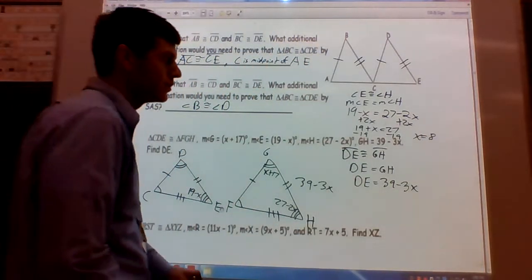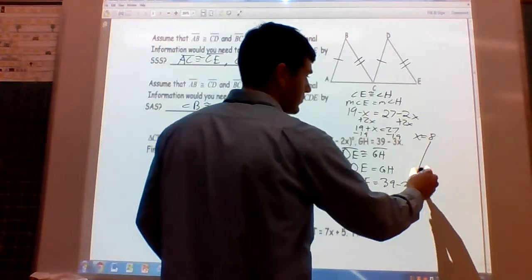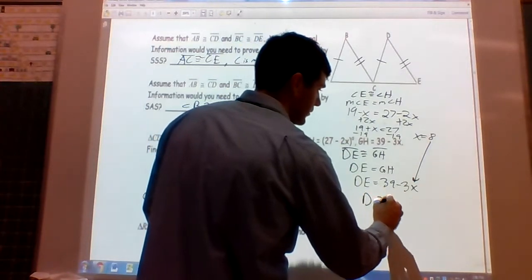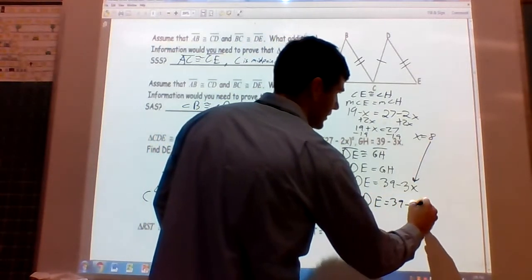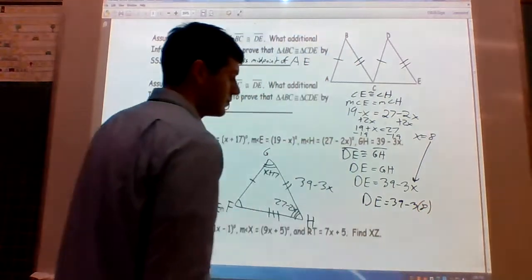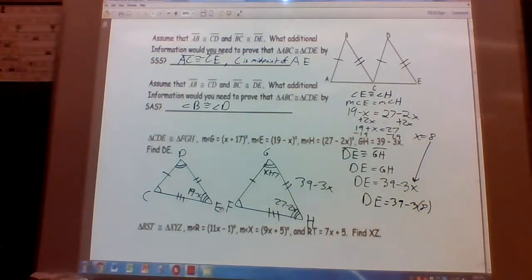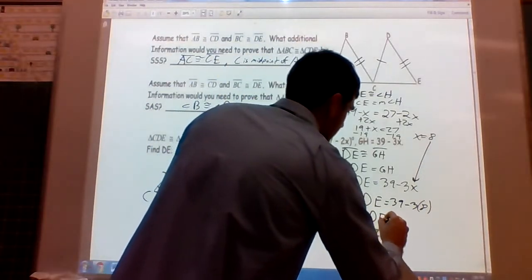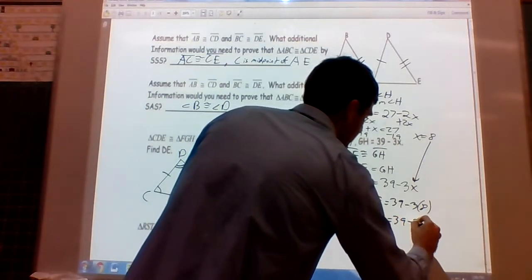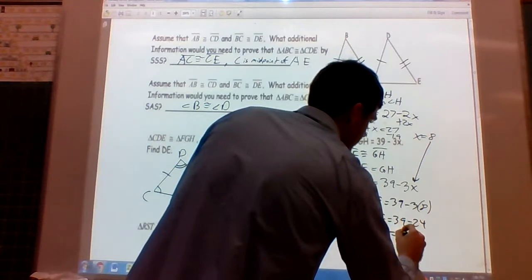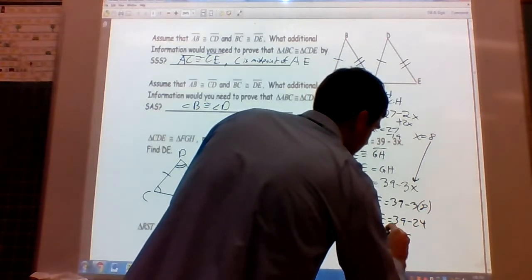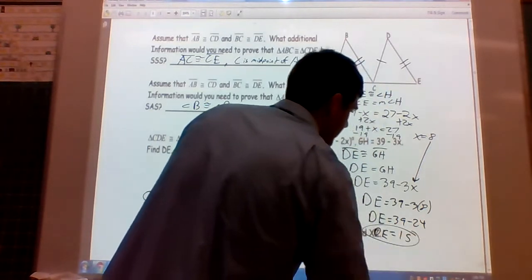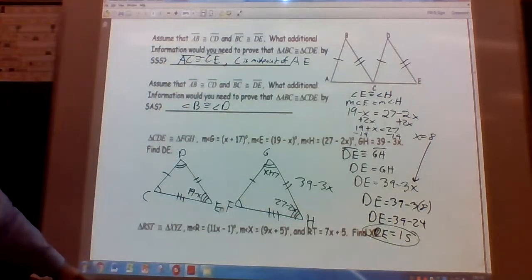So now we can substitute in 8 for x. So DE is going to equal 39 minus 3 times 8. Okay, 3 times 8 is 24. So 39 minus 24 is 15. So DE is going to be 15.